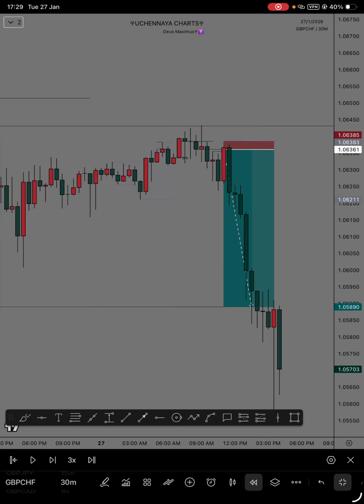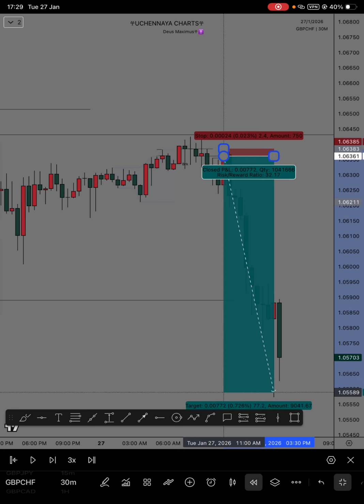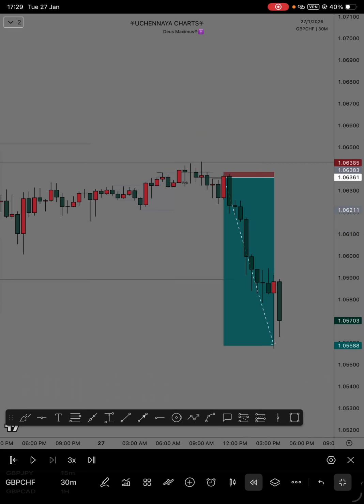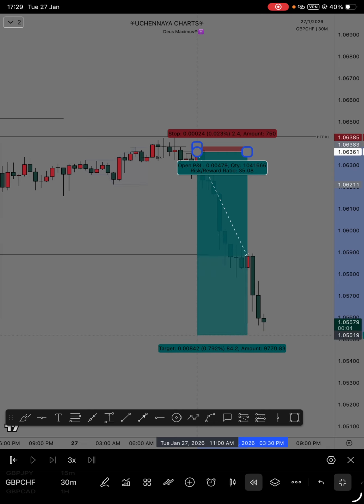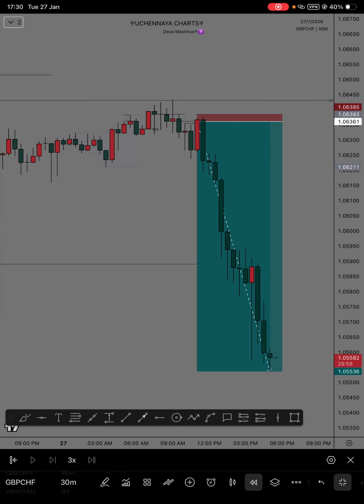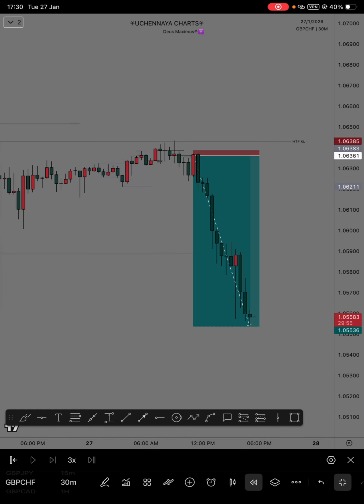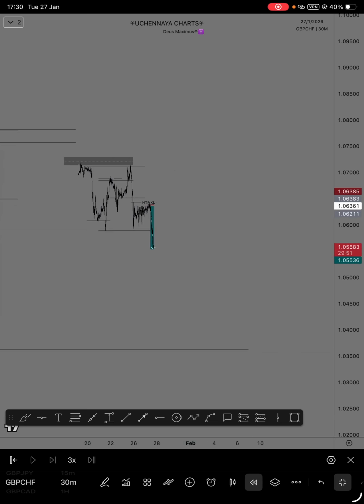Our initial target was actually met and more, right? We are currently running 34 RR. Okay, and I'm still holding some of this position. So if possible, I'm gonna hold all the way to this very level.